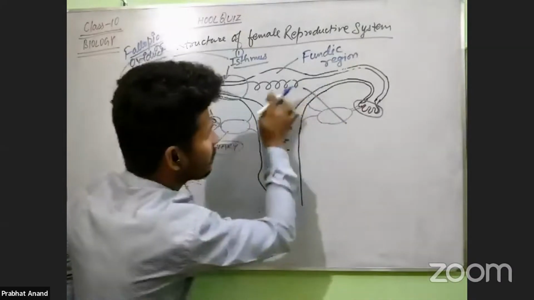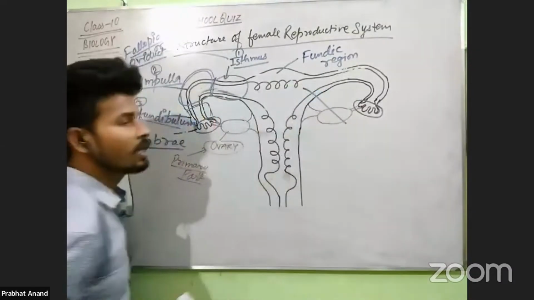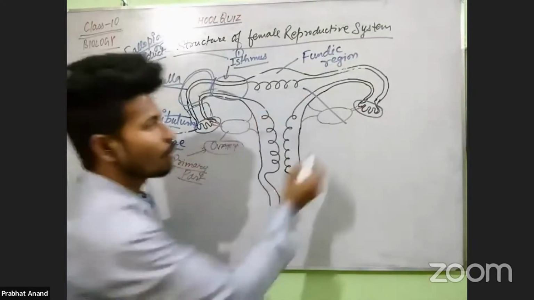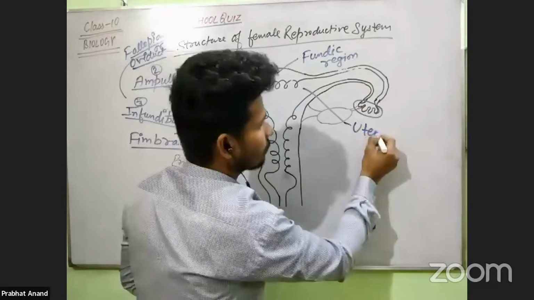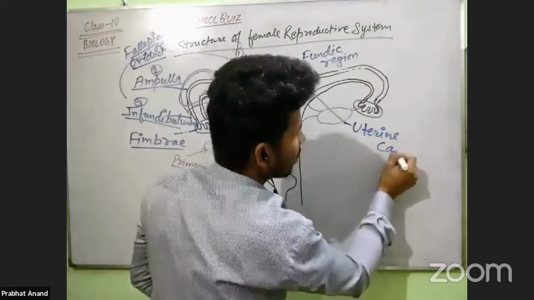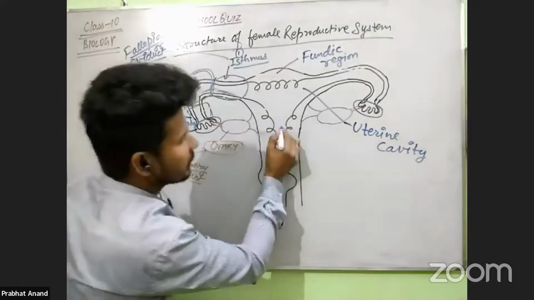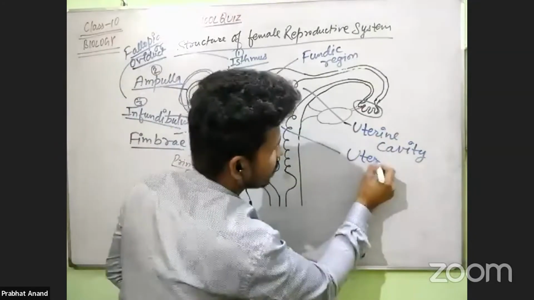Inside the fundic region, since it belongs to the uterus region, this cavity is called the uterine cavity. And this section we call the uterus.